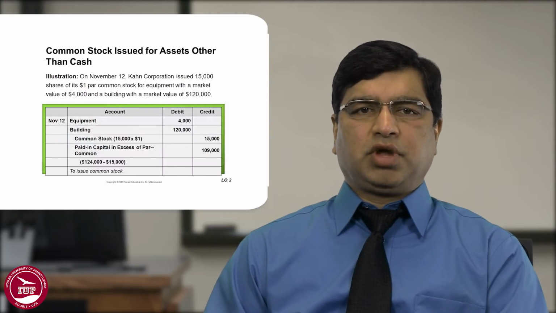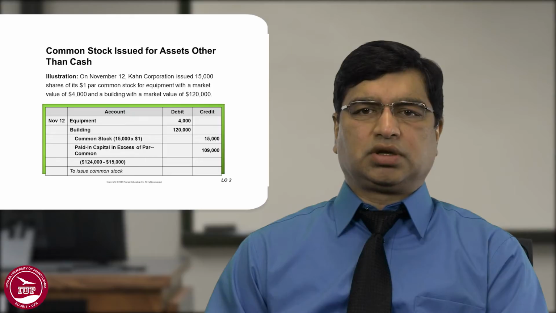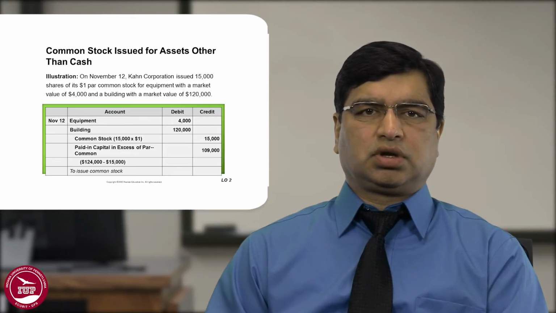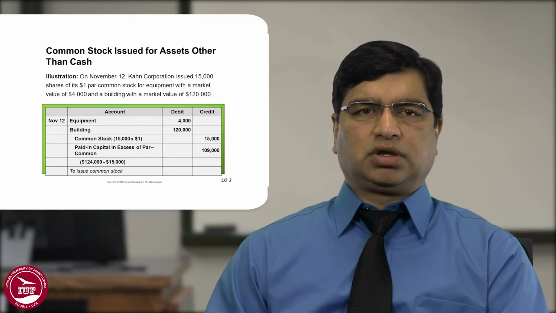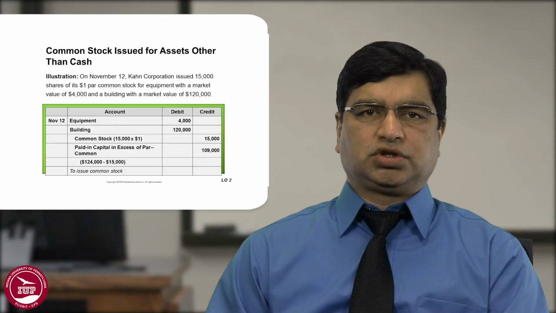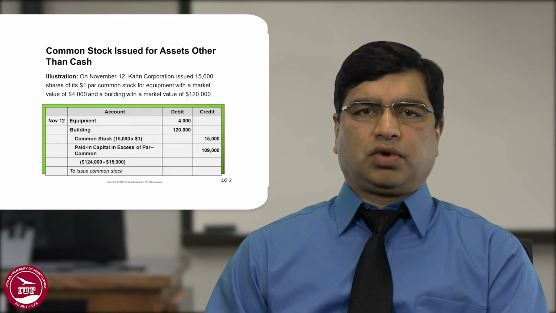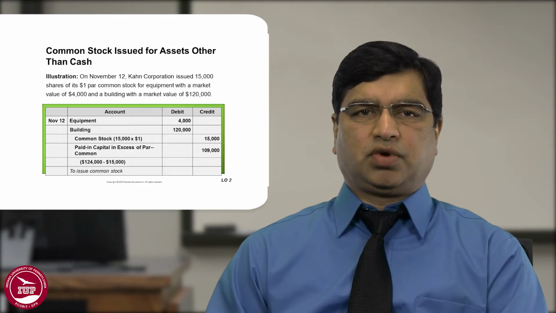Common stock may be issued for something other than cash. For example, in this case, you're issuing 15,000 shares of $1 par common stock, with a market value of $4,000 for the equipment, and for a building with a market value of $120,000.